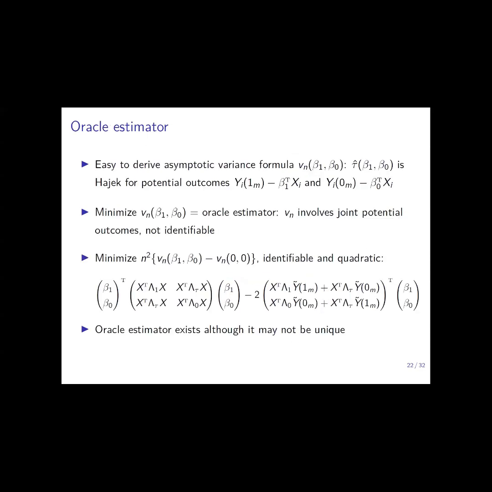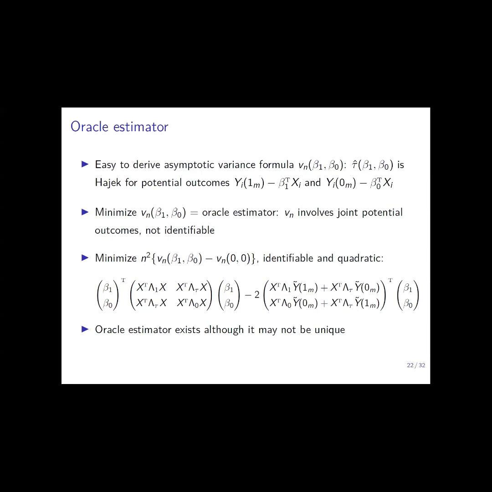And it's a trivial game to derive the asymptotic variance formula for this linearly adjusted estimator, because you can view this estimator as the Hayek estimator for the adjusted potential outcome. So the variance depends on beta 1, beta 0. The goal is to minimize V_n as a function of beta 1, beta 0.